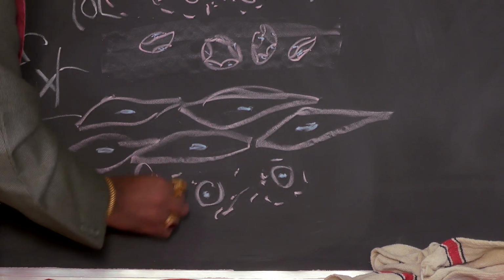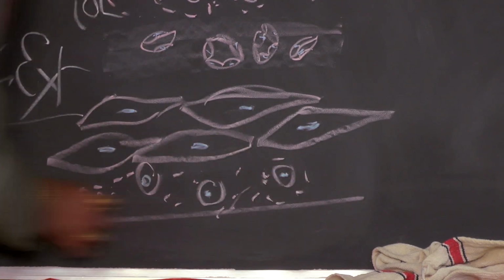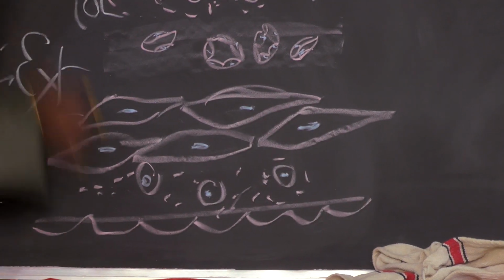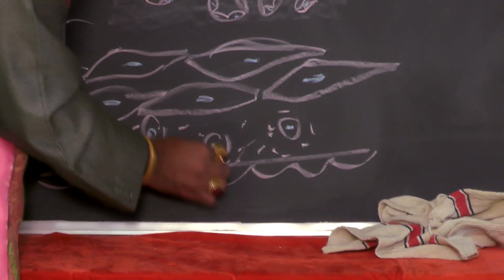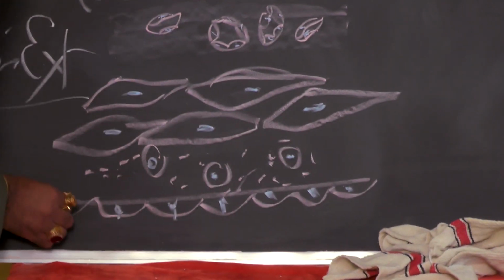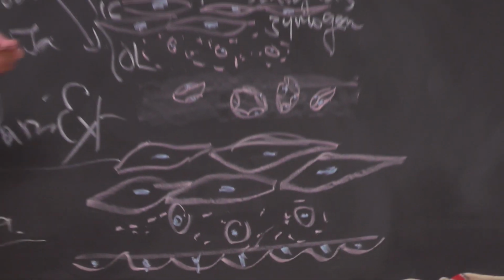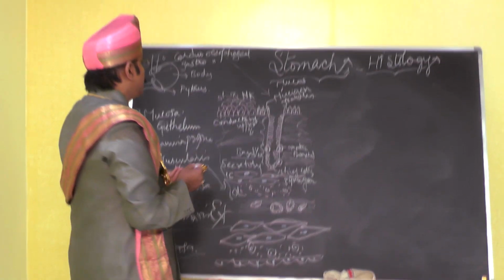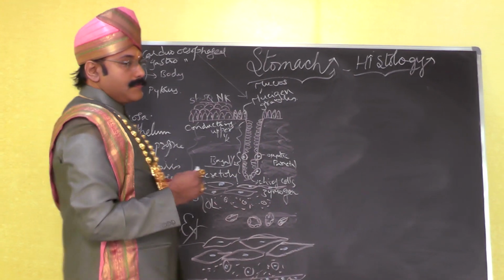These are all the muscle fibers, and at the base you have serosa, and in the serosa you see the squamous epithelium that is present. So that's how you have the microscopic structure of the cardioesophageal junction.